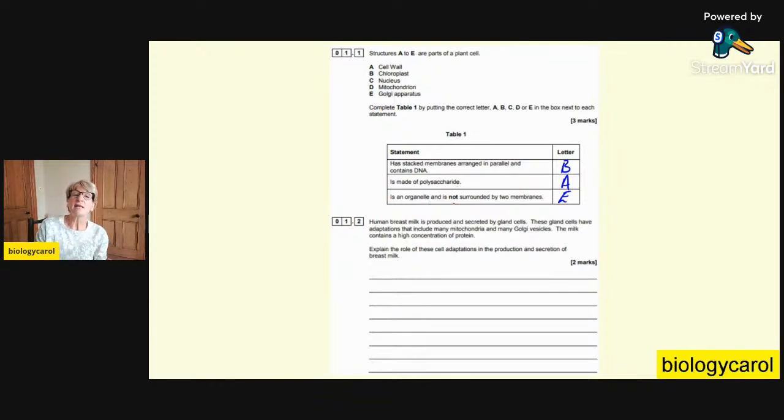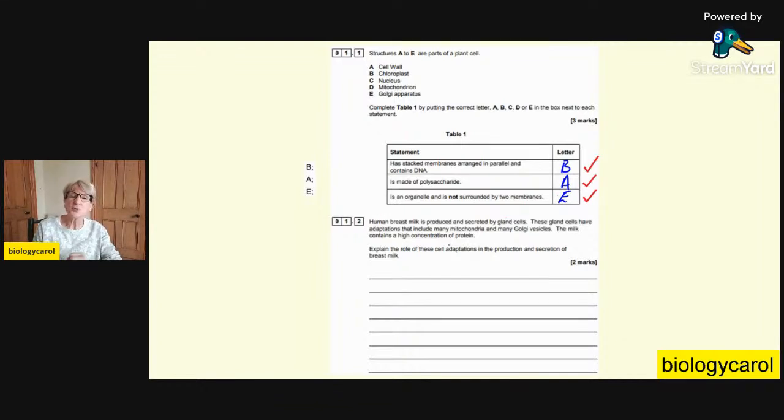It's an organelle and not surrounded by two membranes. Well, the only one on this list is E, the Golgi apparatus. Mitochondrion, nucleus, and chloroplasts all have double membranes. And fortunately, I got those ones right.